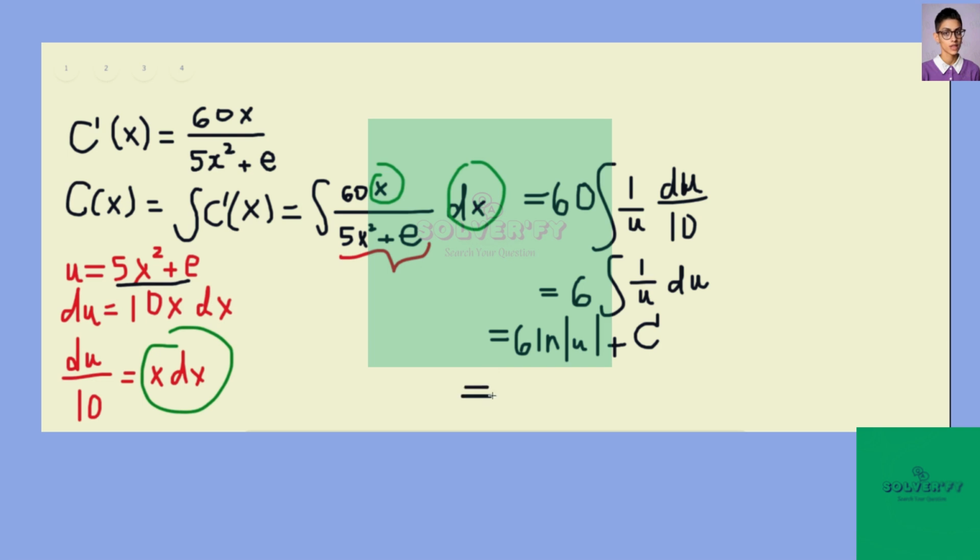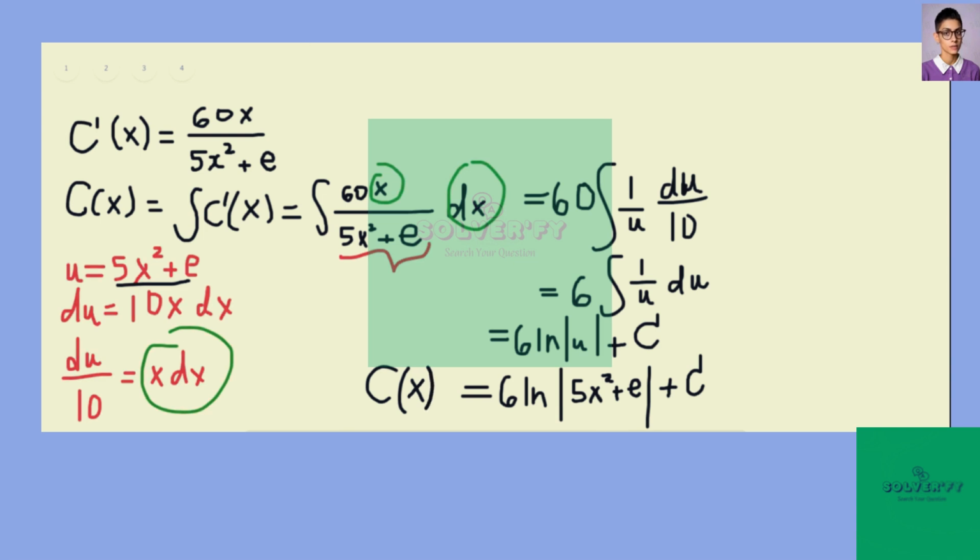So it would be 6 ln in absolute value 5x squared plus e, then plus C. And we were solving for C of x.